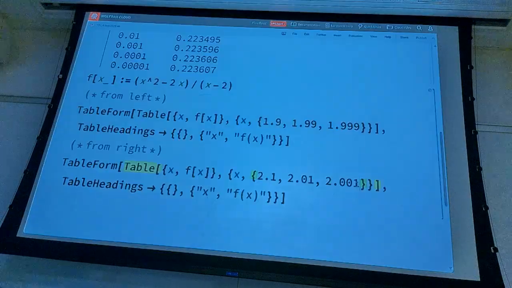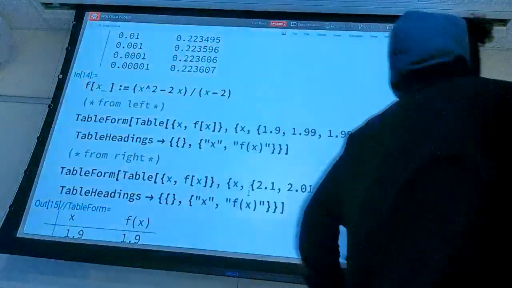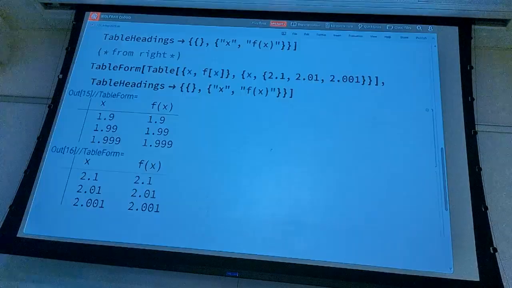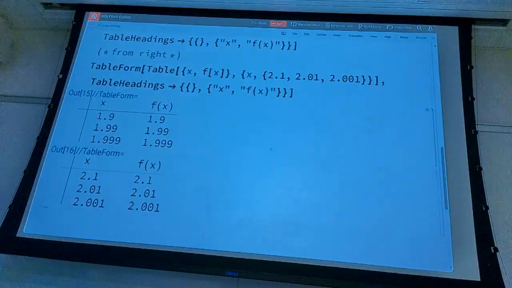It should give me 2 tables. Right. Is that good enough? Is that conclusive?